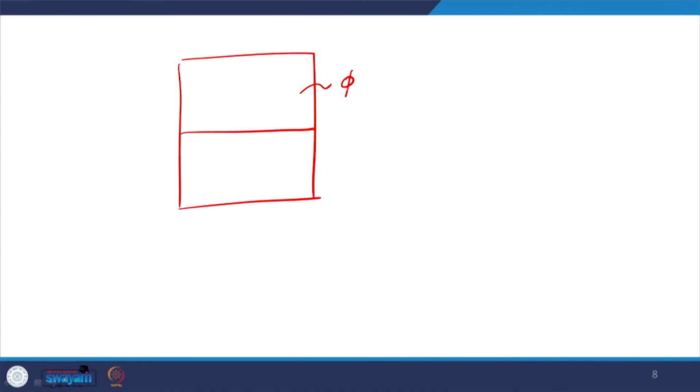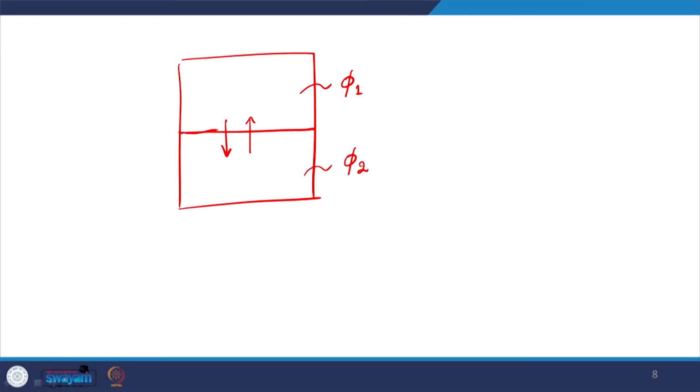Let us say one of the phases has some volume fraction φ1 and the other phase has some volume fraction φ2, and I want to know the direction of the transfer of the solute and solvent in this particular case.